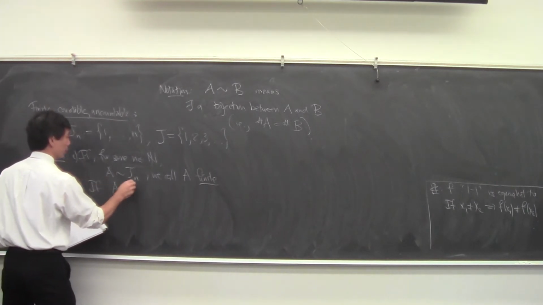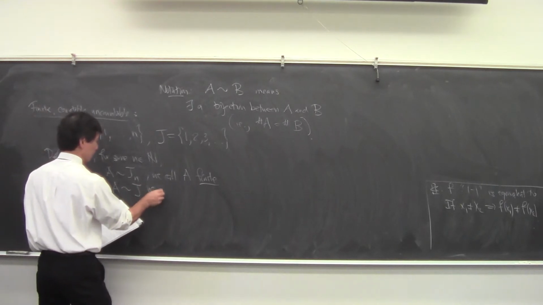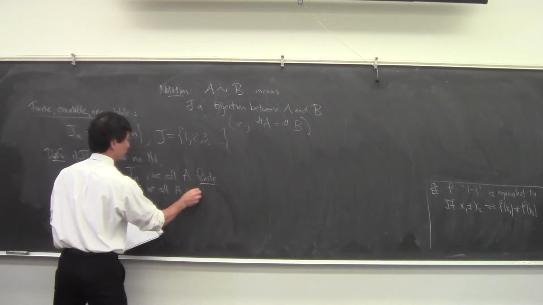If A is equivalent to J, we call A countable.